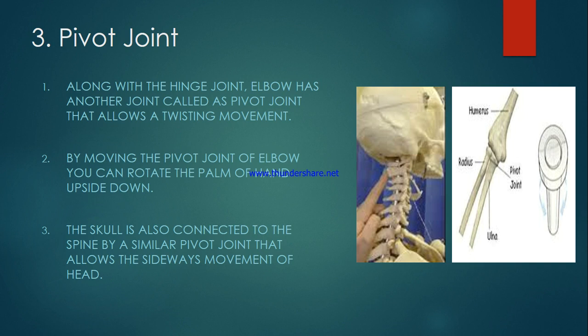The skull is also connected to the spine by a similar pivot joint. The pivot joint found in the skull allows the sideways movement of the head. You can observe it in the given diagram.